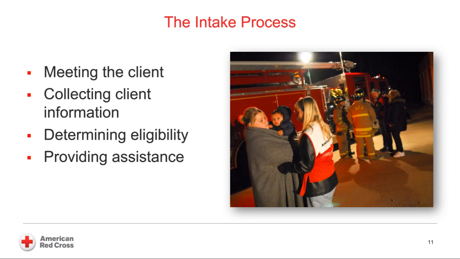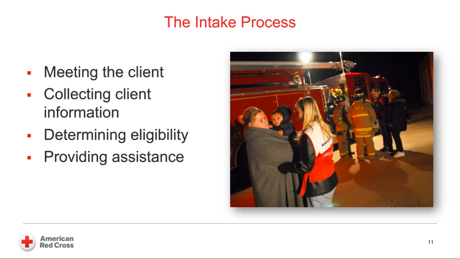When we refer to the intake process, we've basically broken it down into four main steps or sections that we'll be going through today. The first is, of course, meeting that client for the first time and keeping clients at all times at the center of what we do, our decision making when we're with them. We want to ensure the service delivery is one of compassion and care and professionalism, that it's also culturally appropriate and equitable, and finally, that it follows current doctrine.